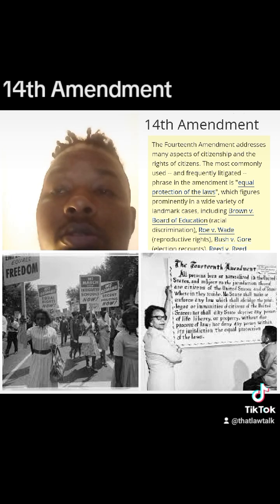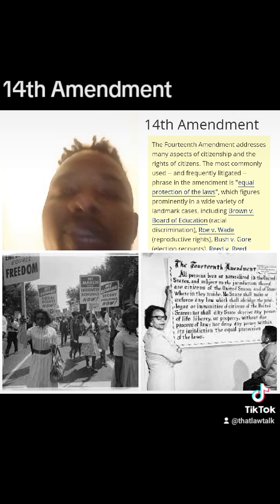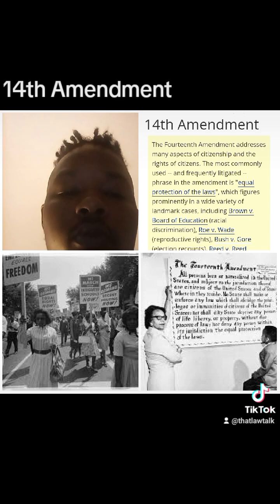Apportionment Clause. This clause outlines how representatives in Congress are apportioned based on the population of each state. It also addresses the consequences for states that deny the right to vote to certain male citizens. Disqualification Clause. This clause establishes that individuals who have engaged in insurrection or rebellion against the United States may be disqualified from holding public office unless Congress removes such disability by two-thirds vote.